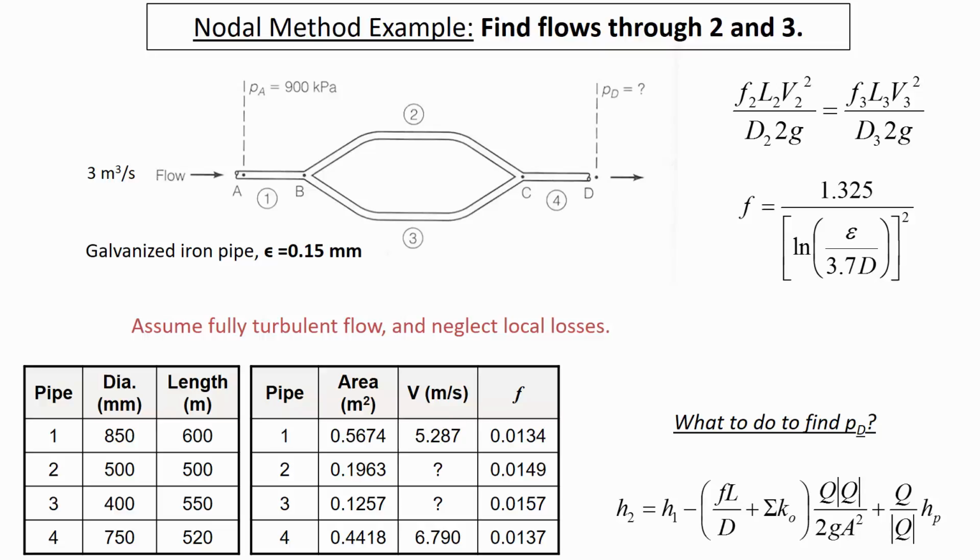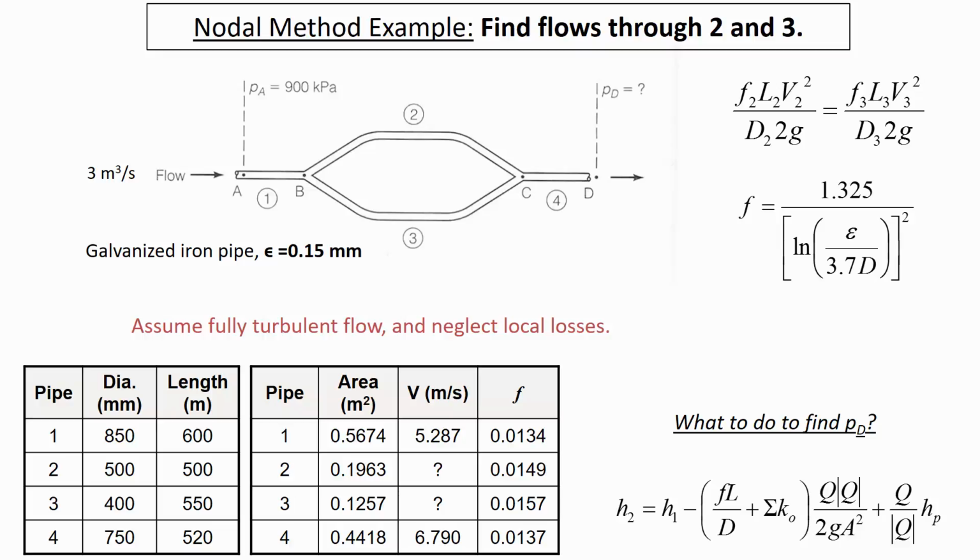The head at D is known just because we started upstream and we're decreasing our energy through each pipe segment. And so this pressure at D would be the only unknown that we'd need to solve for. So that would be our procedure. And it takes a lot of extra calculations, and we don't have a lot of available time, so we won't actually do that.